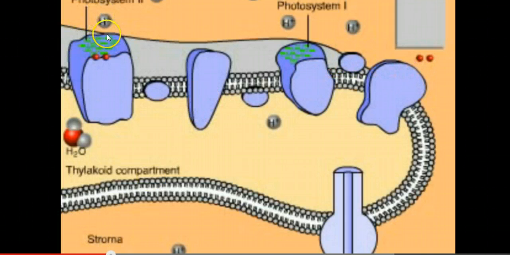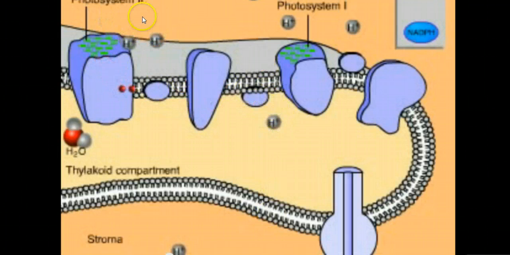So photosystem 2, light hit the reaction center. There was an electron from hydrogen, allowed the electron to pass through this electron transport chain, bringing in hydrogen. There it goes. Okay, bringing in hydrogen, and notice there's a high concentration of hydrogen ions on the inside in the thylakoid space, and in the stroma there's a low concentration.